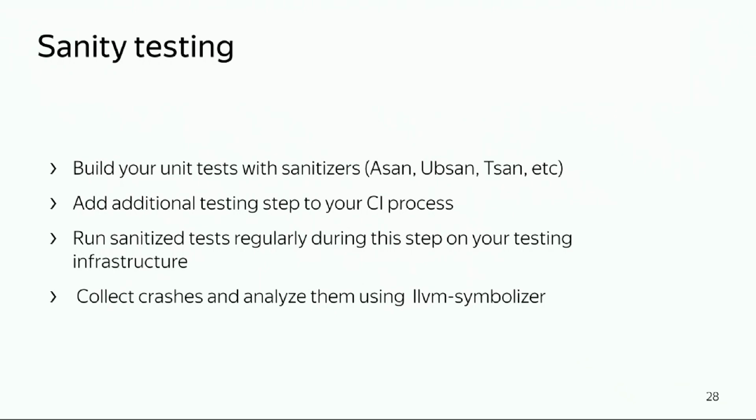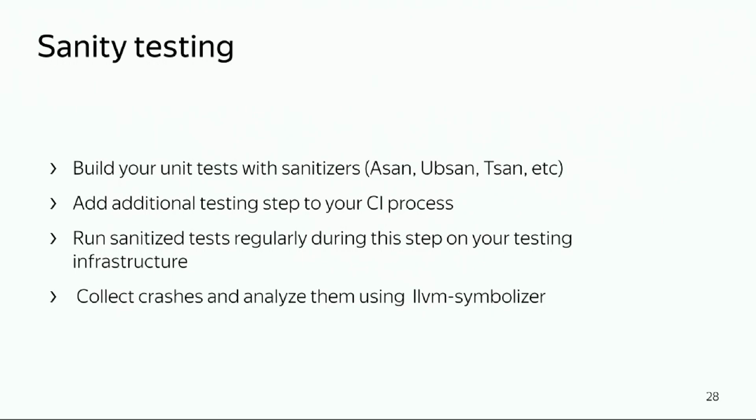If you have unit tests, you just have to build them with sanitizers and run them as you usually run your unit tests. It's very useful. We found several critical vulnerabilities using it, and we don't have to create any additional code. We just take our unit tests, build them, and run them.